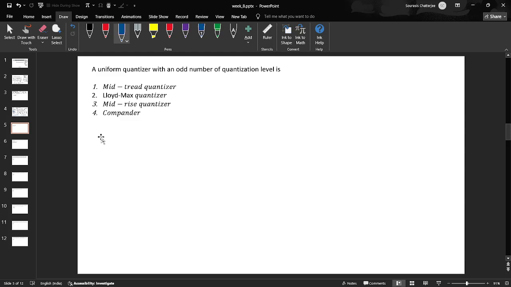Of course, this also has some different features than a uniform quantizer with an even number of quantization levels. One thing is the same between them, that is they both are uniform, but the distinction is also important. The earlier one we talked about in detail has an even number of quantization levels. This one here has an odd number of quantization levels.